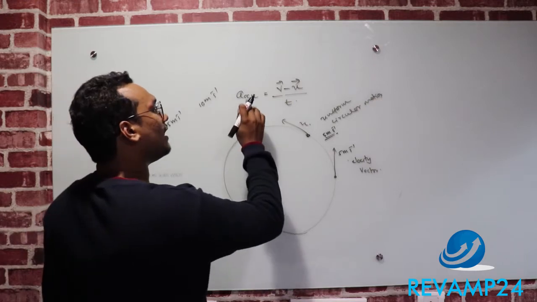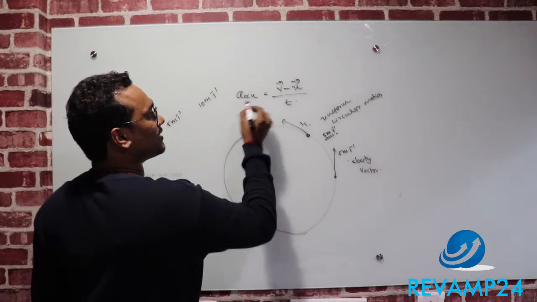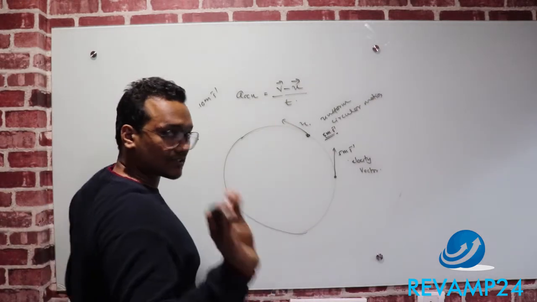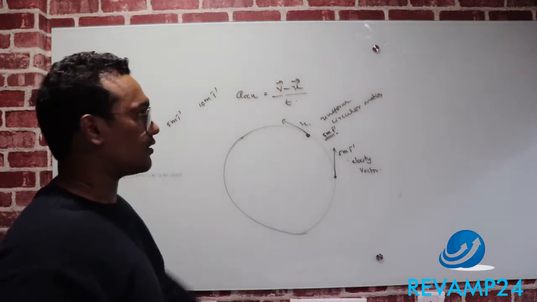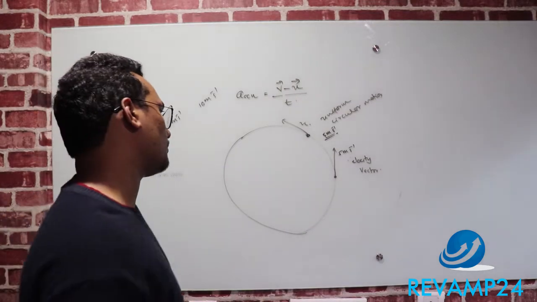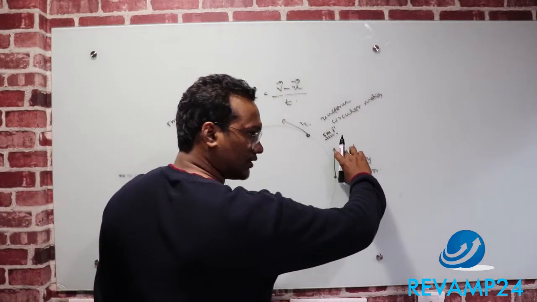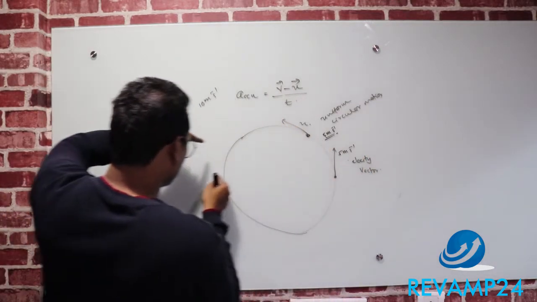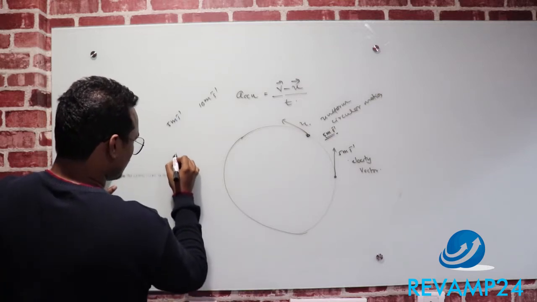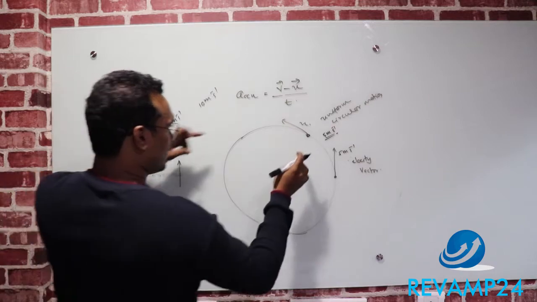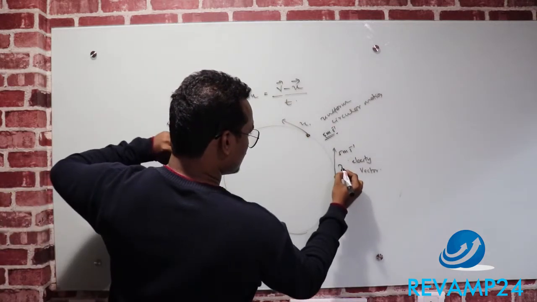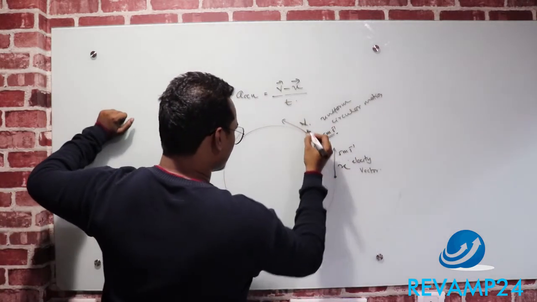This is a vector, so this is basically a vector subtraction. The direction of the acceleration will be directed along v minus u, the vector v minus the vector u. This is vector u, the initial velocity, and this is vector v, the final velocity.